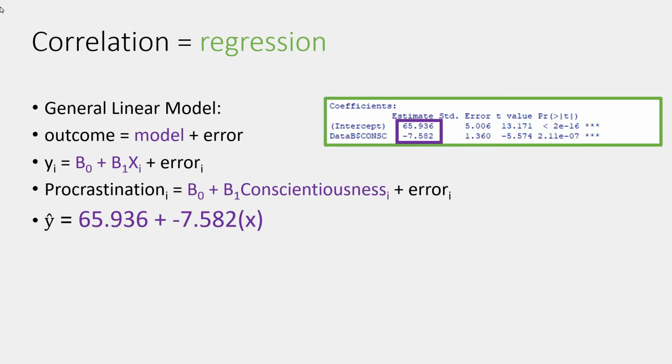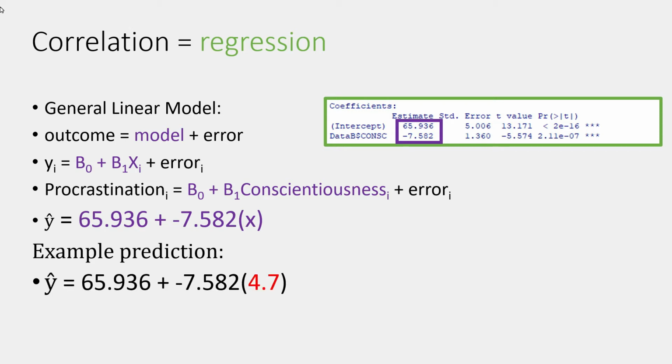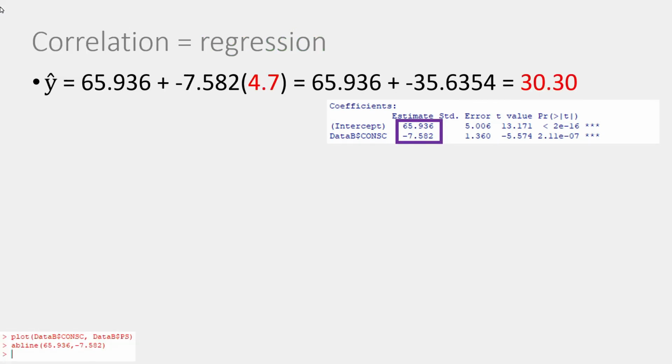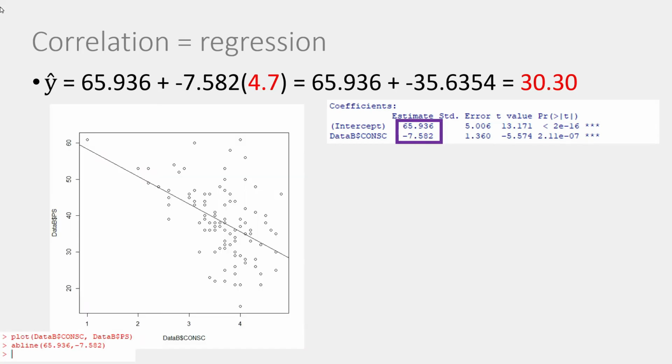Let's pick a realistic conscientiousness score of 4.7 out of 5 and see what the model predicts for this student's procrastination score. 30.3. Okay. It can only be a value on our regression line, so we can eyeball it to kind of check our work here. There it is.